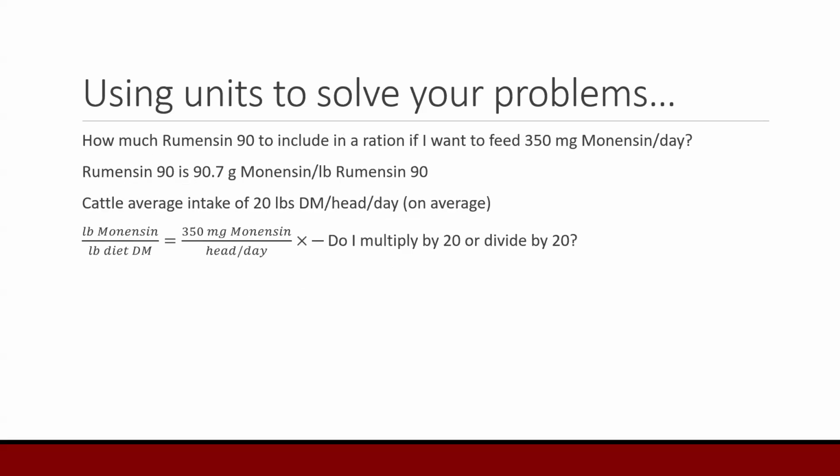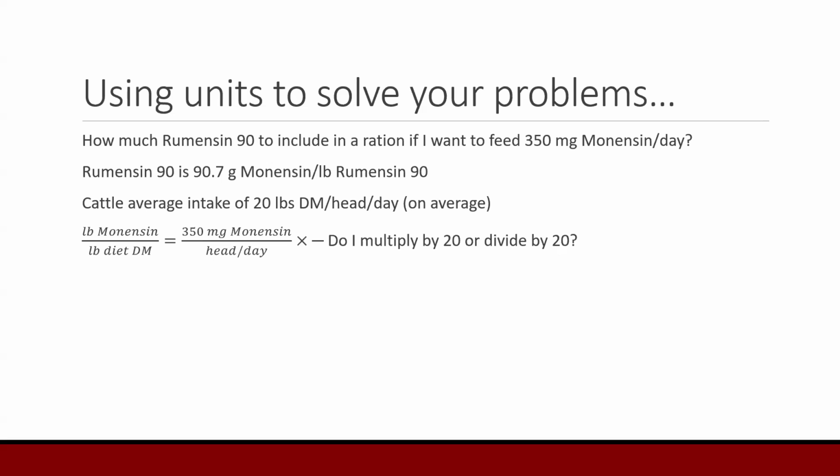Okay. So now we can use it to solve our math problems. We wanted to know how much Rumensin 90 I need to include to feed 350 milligrams per day. Things that I will give you: Rumensin 90 is 90.7 grams of monensin per pound of Rumensin 90.